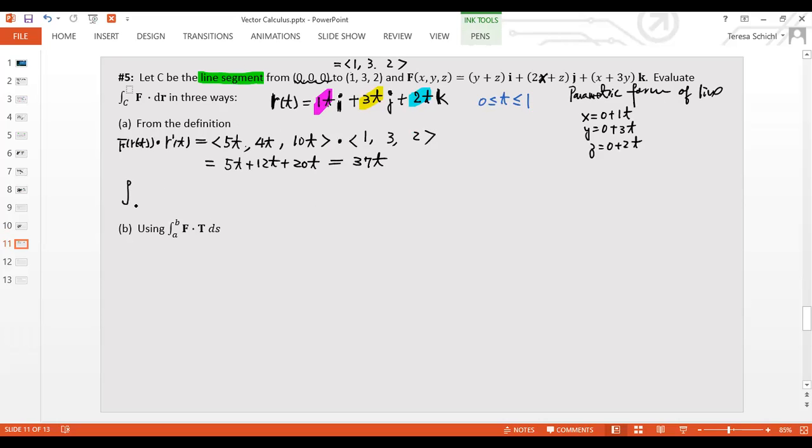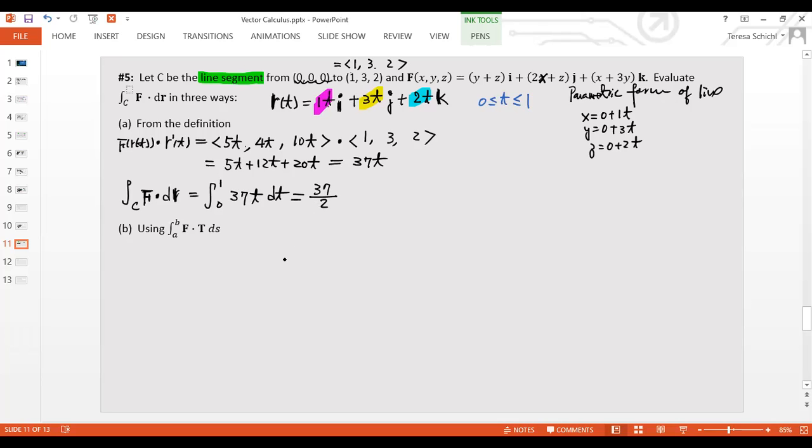Then my integration will be pretty simple. This is F dot dr, and you change everything back to t. We changed this into a super easy integration: just the integral of 37t dt, which gives 37 over 2.